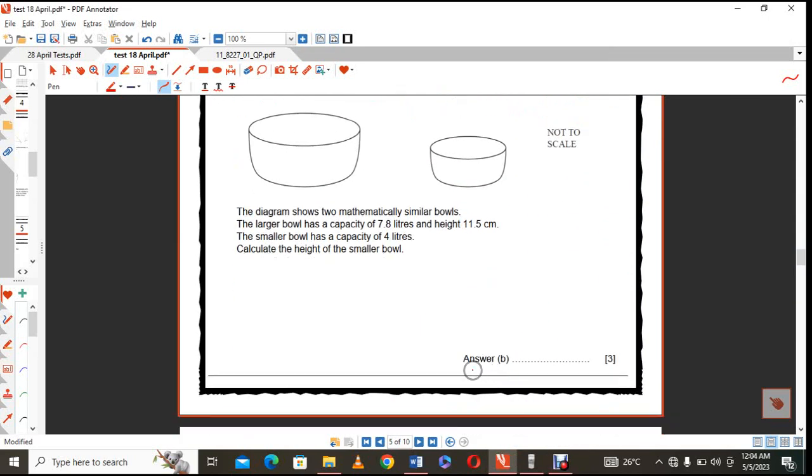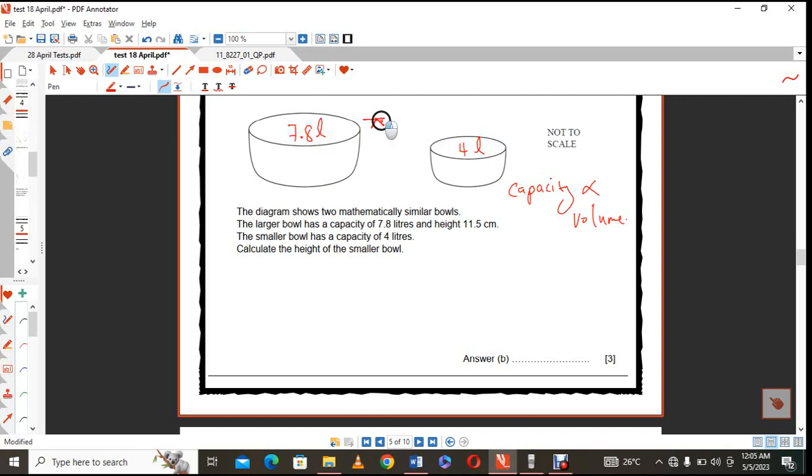When you are dealing with part B, again, you are supposed to be familiar with capacity and the relationship it has to volume, as there is that proportion between the two. So what you're told is the big one has a capacity of 7.8 liters, the small one has a capacity of 4 liters.